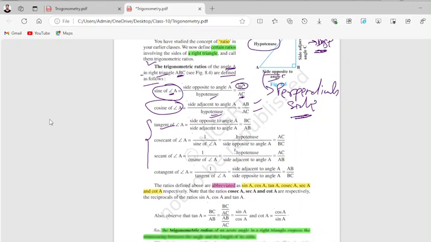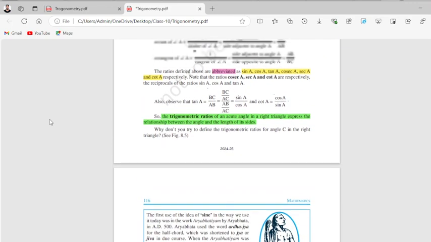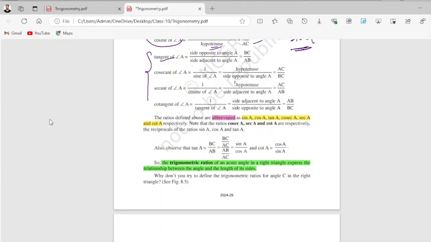So basically this is the introduction of trigonometry in this class, and the ratios are abbreviated as sin, cos, tan, cosec, sec, and cot respectively. These are all the short forms of the trigonometric ratios.